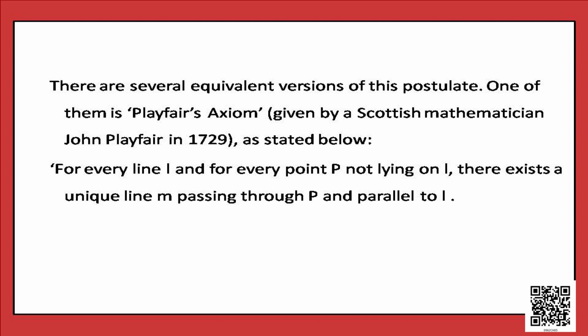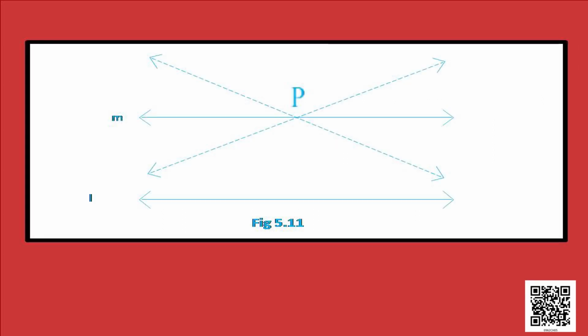It states that for every line L and for every point P not lying on L, there exists a unique line M passing through P and parallel to L. As you can see in the diagram in your book, among all the lines passing through the point P, there is a line M which is parallel to L, and it is unique.